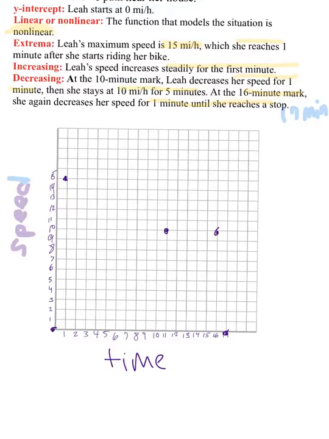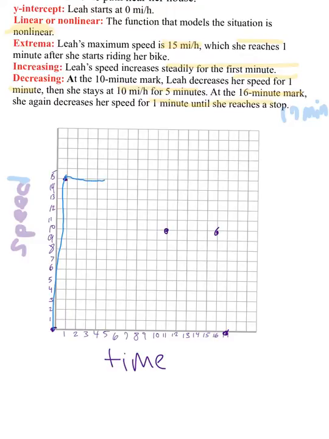And remember, don't make corners, make curves. So I know from 0 to 1 minute, she's going to go up to 15. Now it doesn't tell me what she does from there, but we do know at the 10-minute mark, she's going to decrease her speed.